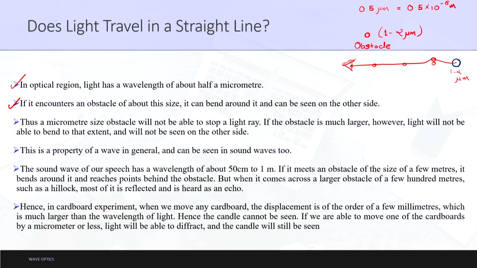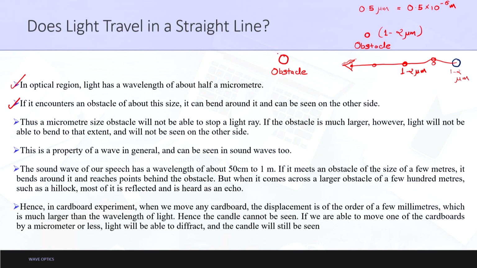Let us say this is the obstacle being talked about here. If the obstacle is 1 to 2 micrometers, how does the light bend around it? Let me change the color for more clarity.